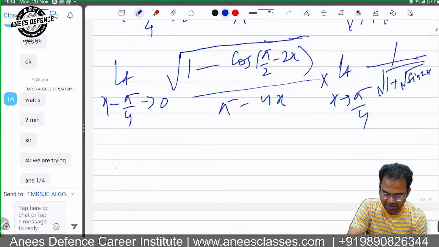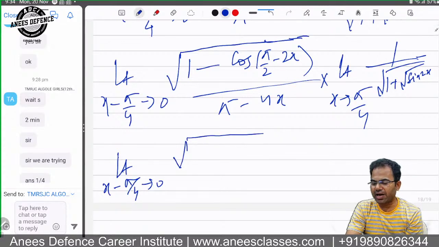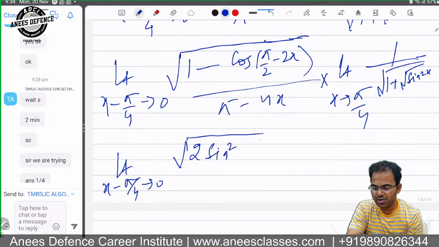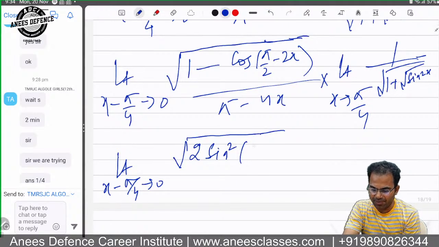Under root 1 minus cos 2 theta is 2 sine square theta. That means angle will be half. Half of pi by 2 is pi by 4. Half of 2x is x.